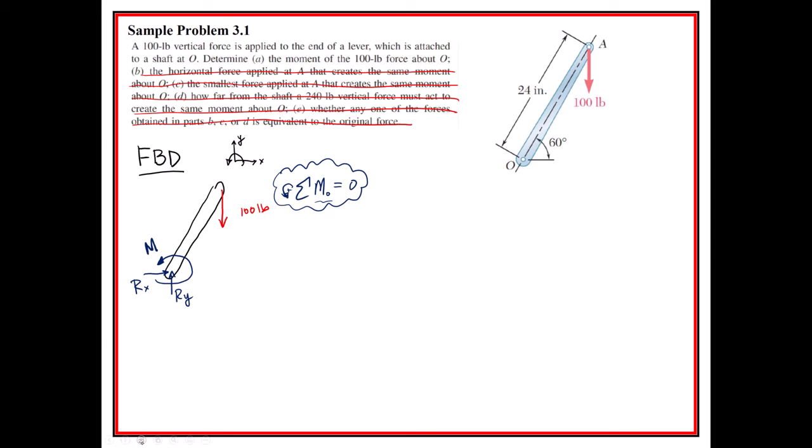As I alluded to in the lecture portion, in order to find a moment, we want to take the distance D, that's right here, that is perpendicular to the line of action. So we want to extend the force and then find a distance that is perpendicular to there.